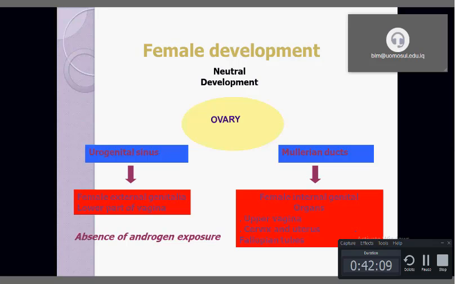What are the genital ducts that become prominent in the female embryo?